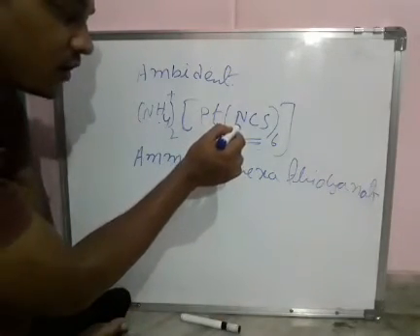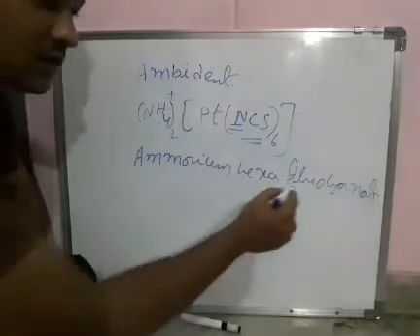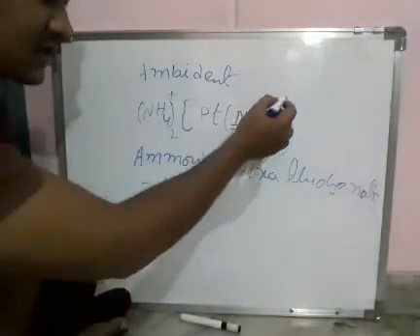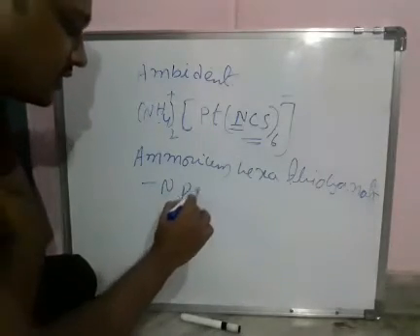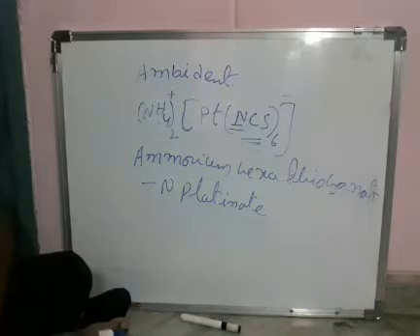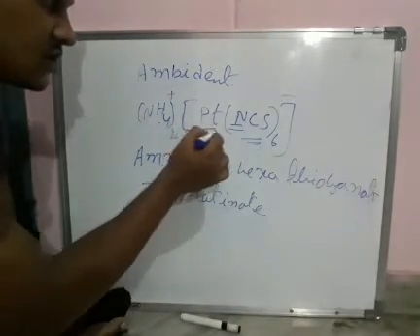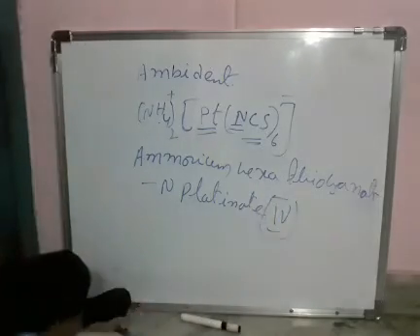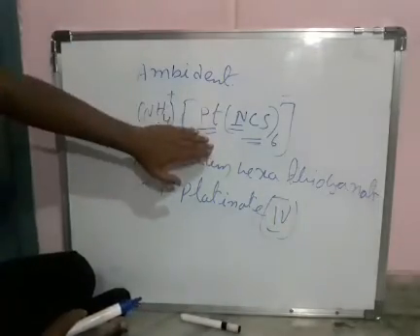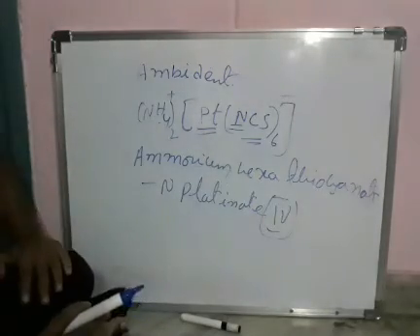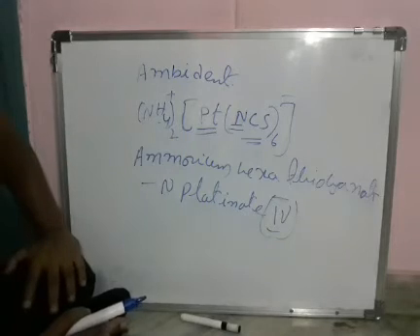Here the point of attachment is nitrogen, so thiocyanato-N. This is a negative coordination sphere, so platinate. Here the oxidation state of the platinum is 4, so platinate(IV). How can we calculate the oxidation state? We discussed earlier. So this is the IUPAC name of this compound.